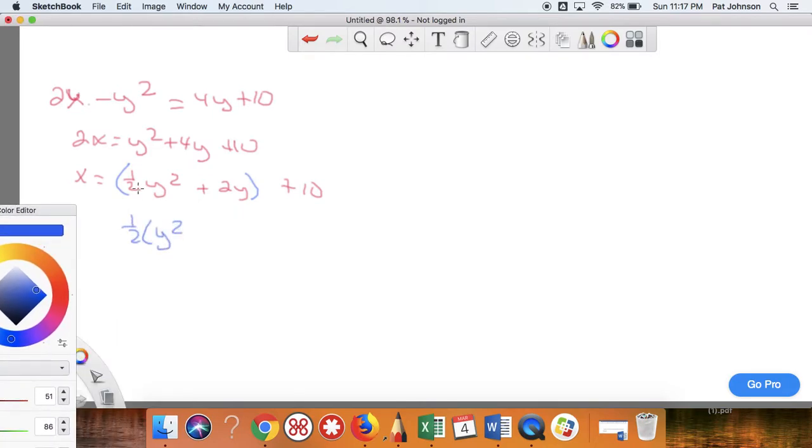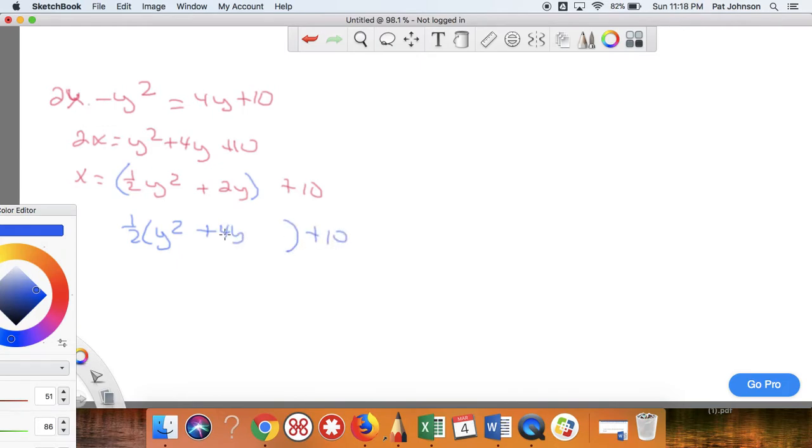So y squared, so 1/2 divided by 1/2 is 1y. Now remember, this is 2 divided by 1/2, which is the same thing as 2 times 1/2, which equals 1. So plus, or 2 times 1/2 times 2, which is 4. So it's plus 4y plus 10.